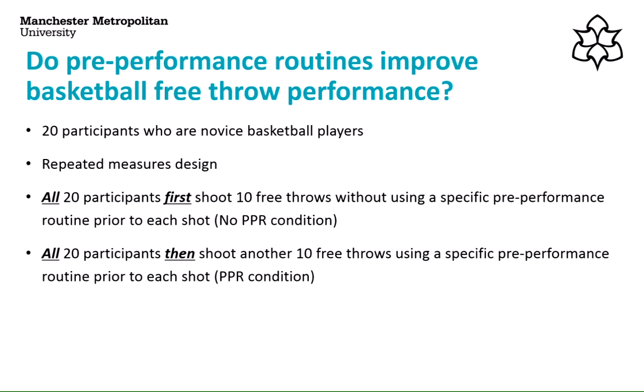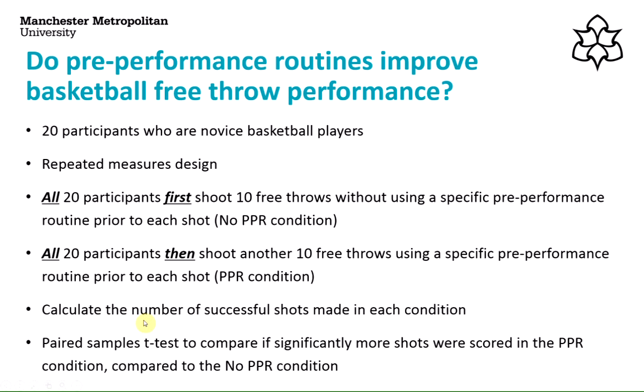So that would be our no pre-performance routine condition. Then we could get the same participants to come back and shoot 10 free throws again, but this time using a specific pre-performance routine prior to each shot. This would be then called the pre-performance routine condition. So we compare them without the pre-performance routine and with the pre-performance routine, the same participants in each condition.